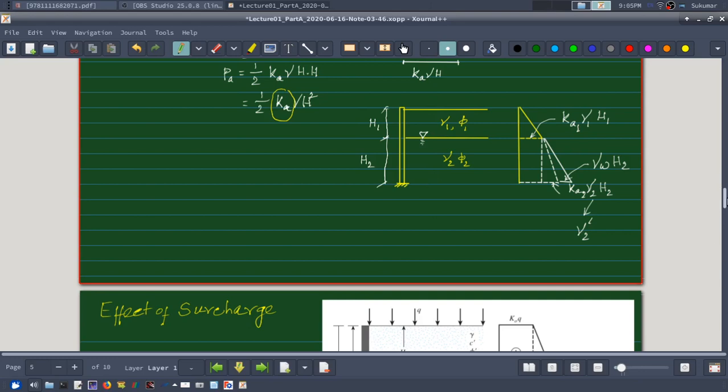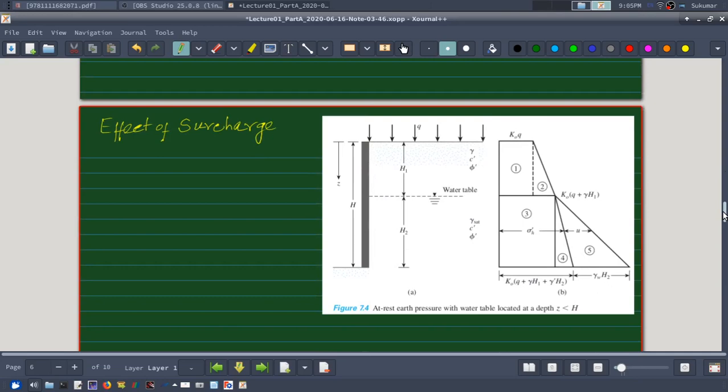Now in a similar manner, if I have a surcharge, say my backfill is now carrying a surcharge of Q kilopascal. In that case, due to this Q, at the very beginning there will be some earth pressure, right?